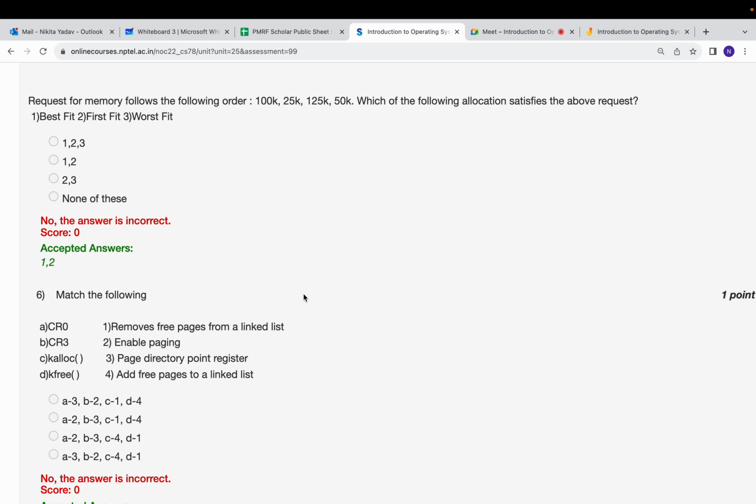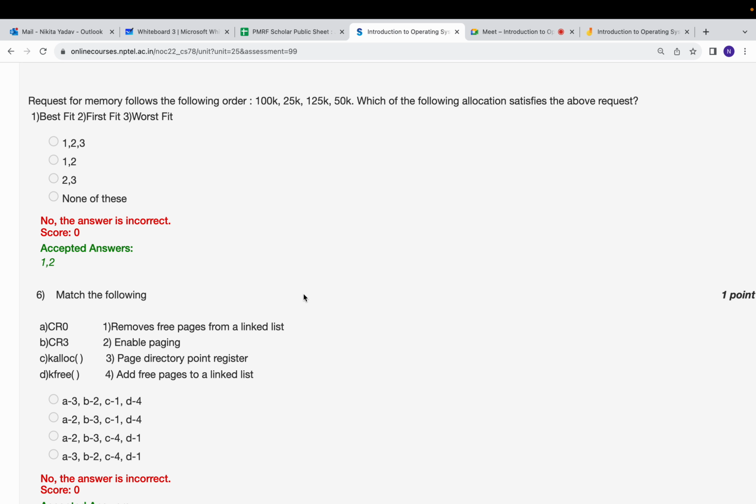The CR3 register is also called the page table base register, PTBR, and it was mentioned in the course content. CR0 wasn't mentioned, I think, but you can just Google and find out.